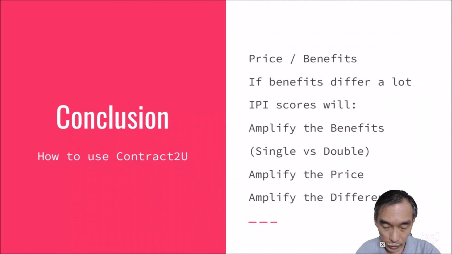In this case we have seen just now that the double story house would have a better benefit in IPI compared to a single story terrace house. It amplifies the differences and allows us to acknowledge the value of what we are paying for these differences.